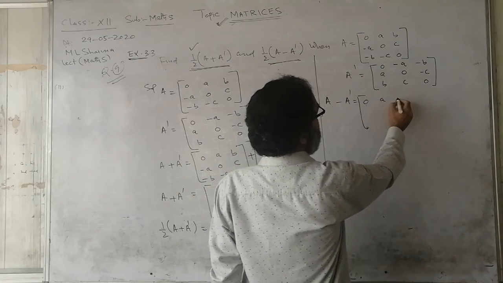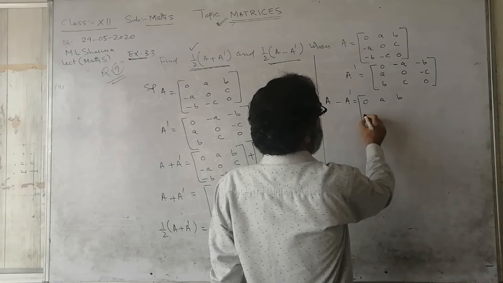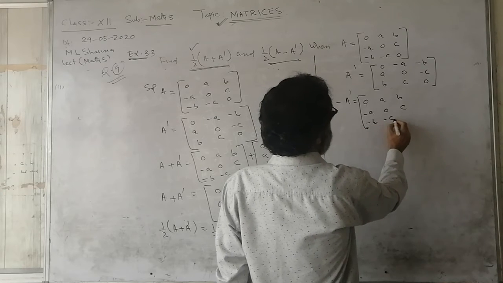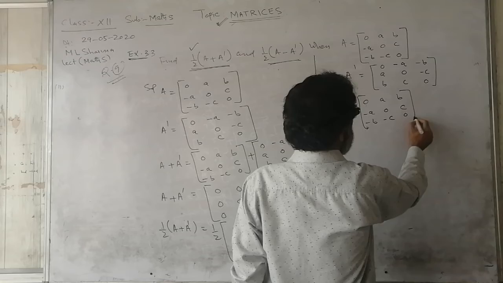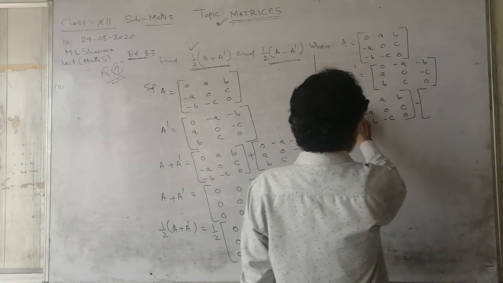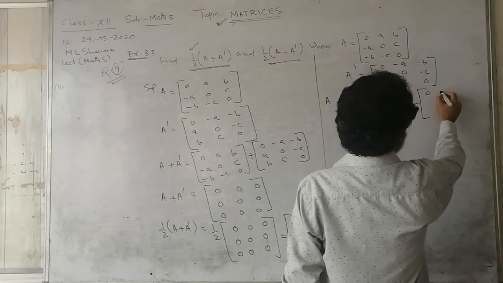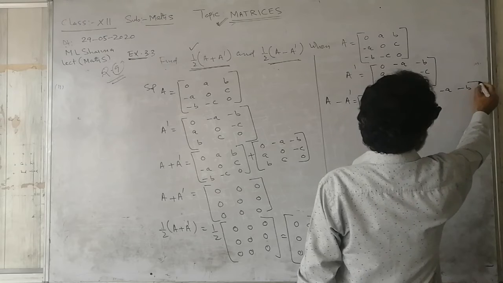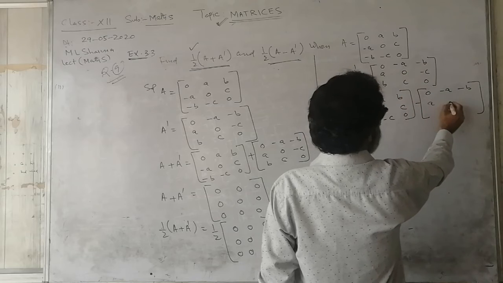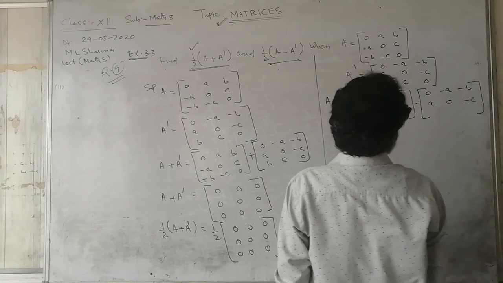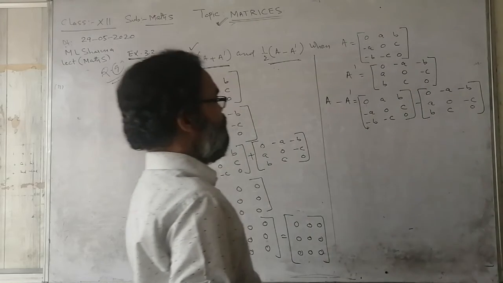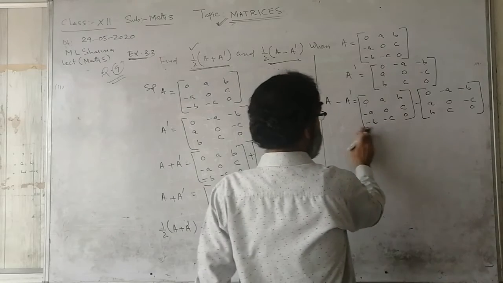So this is matrix A minus its transpose.